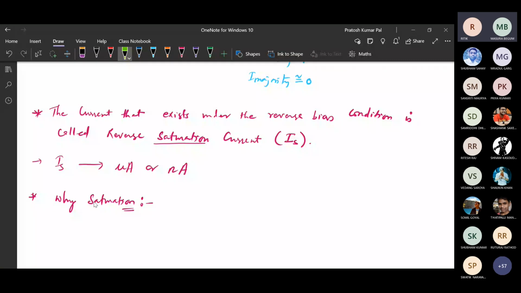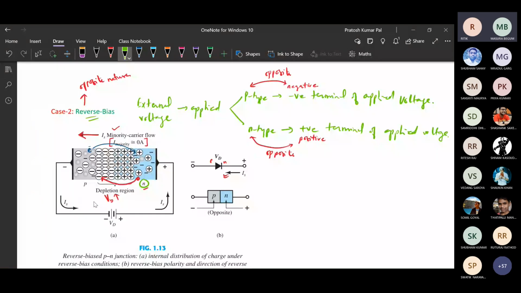It does not change basically even after we have applied the reverse bias voltage. This is called reverse saturation, meaning even if we are applying this VD, after a certain amount of this VD potential, the reverse current that is flowing will become a constant.